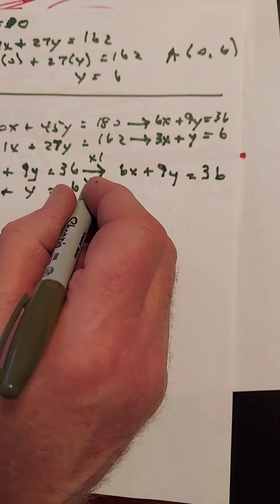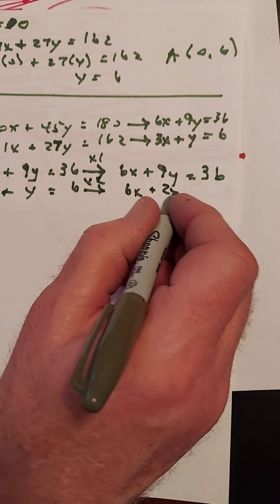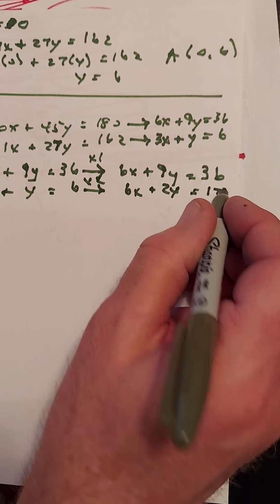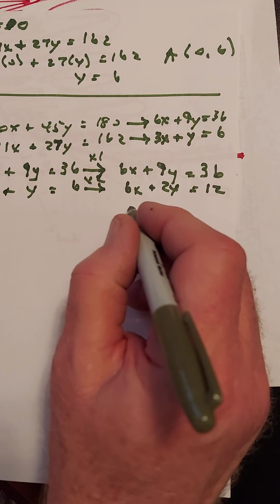And the bottom one, if I multiply by 2, you get 6x plus 2y equals 12. I'm looking to see if I made any mistakes here, because I'm going to get kind of an odd number here. I think I am.